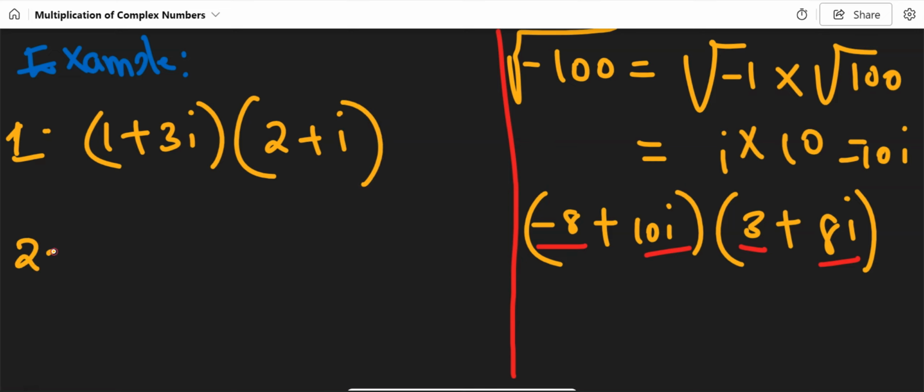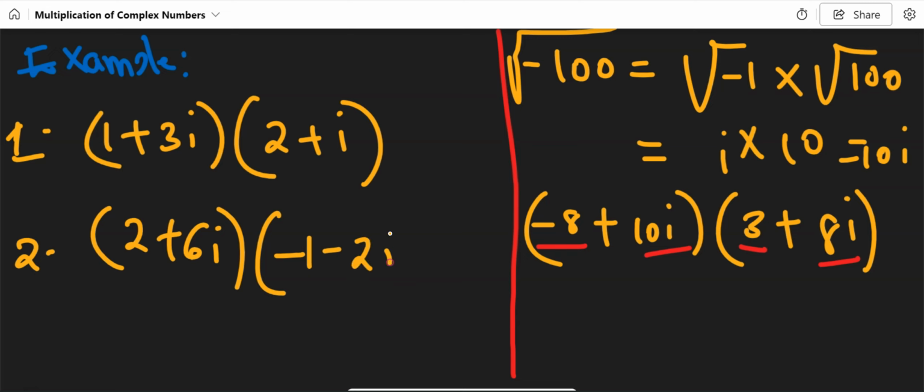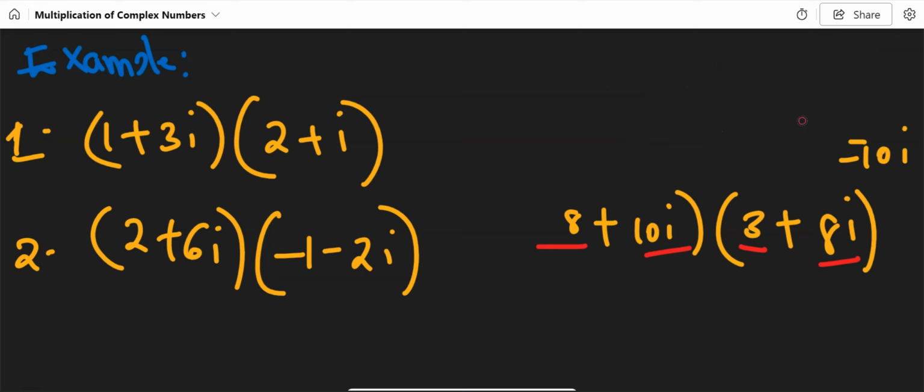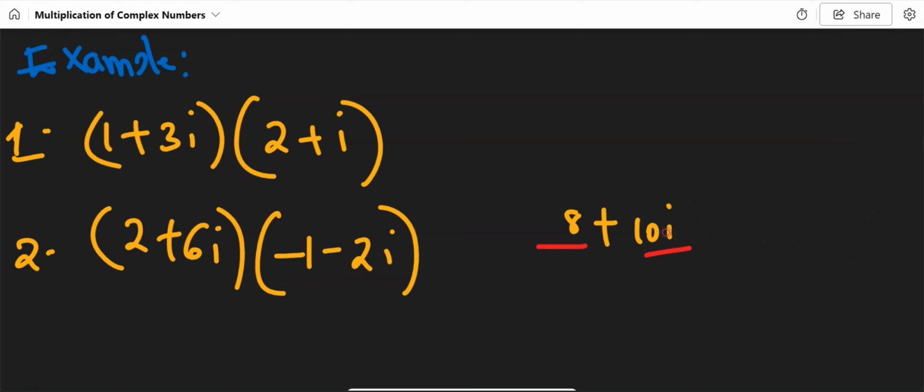Then number 2, try solving 2 plus 6i multiplied by negative 1 minus 2i. So this is your assignment. Do it and let me know your answers in the comment section, and then I'll provide mine as well. Perhaps you can even put your work in the comment section, explain a bit how you did it, and if you're stuck, let me know.